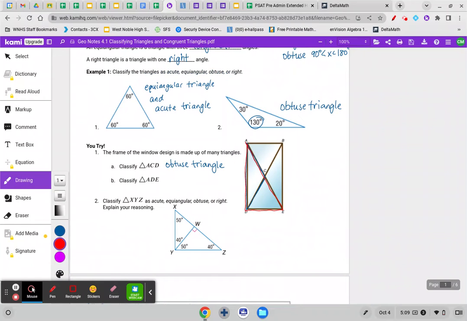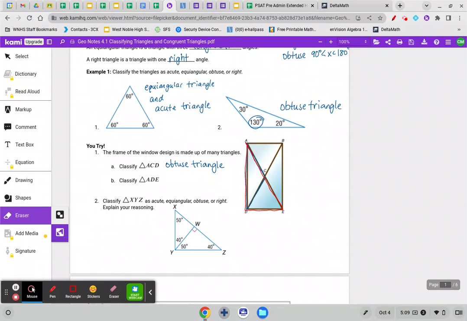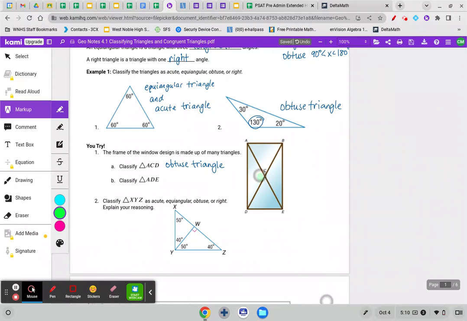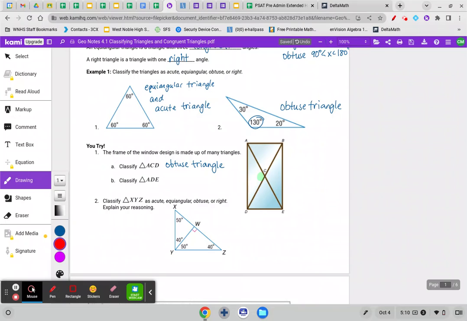Okay, for this first one, the frame of the window design is made up of many triangles. This is going to be this triangle right here. ACD is this triangle, and it has an obtuse angle because there is 1 obtuse angle here. This is called an obtuse triangle.